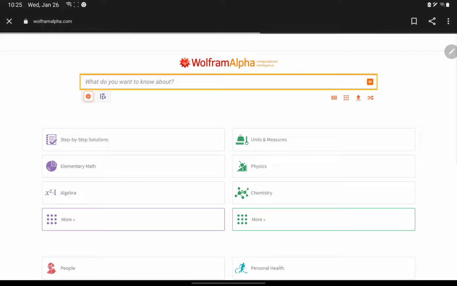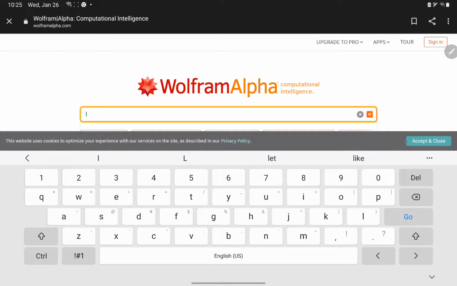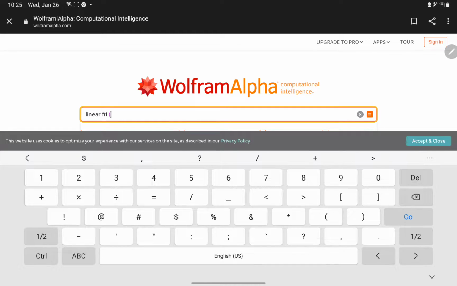I would use the app, but the app only works in portrait mode, not landscape mode. So this is going to be a linear fit, and it helps if you spell linear correctly. You can put it in two words, that's fine. And then you put your data.